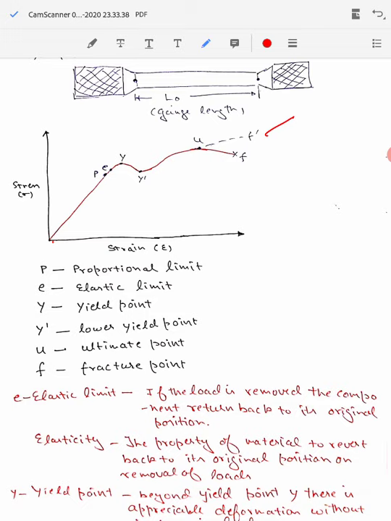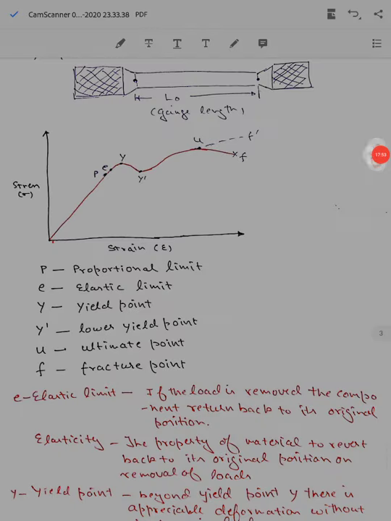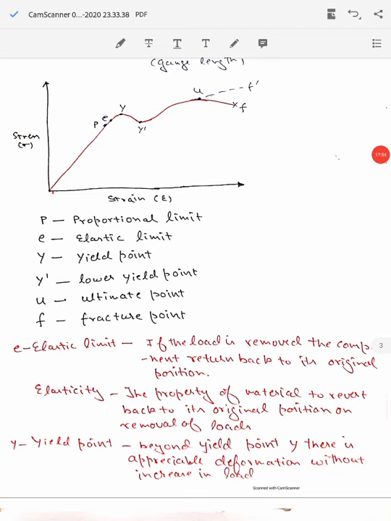Because stress is proportional to strain, it is shown here in equation form, and this is termed as Hooke's law. According to Hooke's law, in this initial phase of the loading, the stress remains proportional to strain. Now we can change this proportionality into an equality by using a constant, Young's modulus.